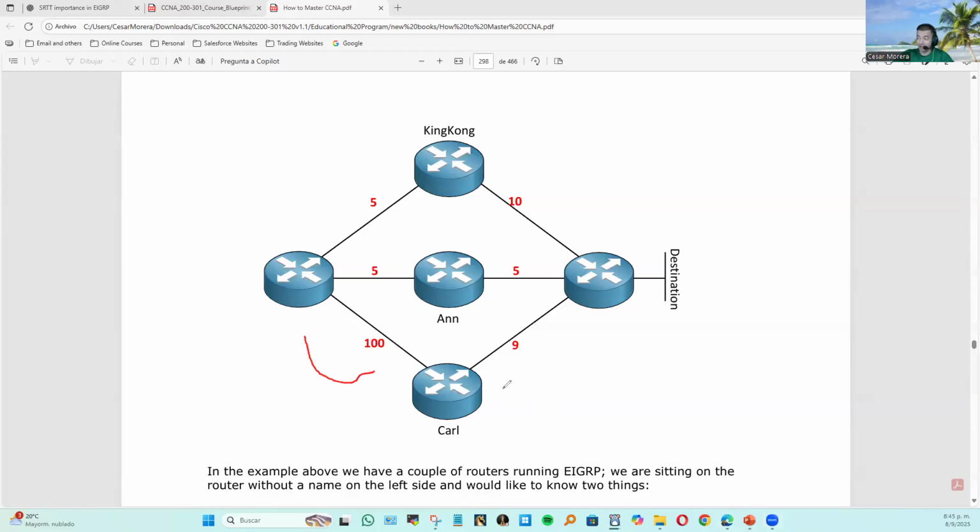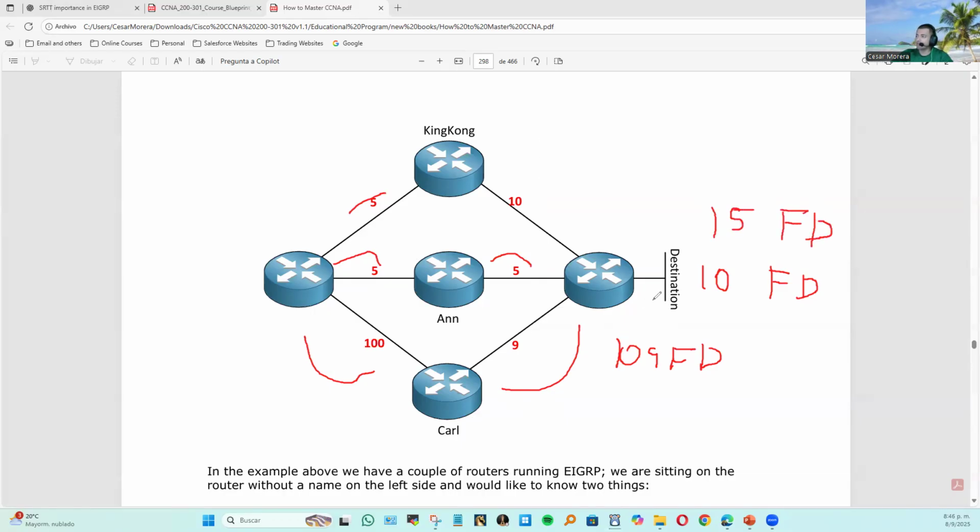we have 100 plus 9 is 109. That's the FD, feasible distance, for this path. Then 5 plus 5, that is 10. 10 is the other FD for this other path. And then we have 5 plus 10 is 15. 15 will be the other feasible distance for this last path.